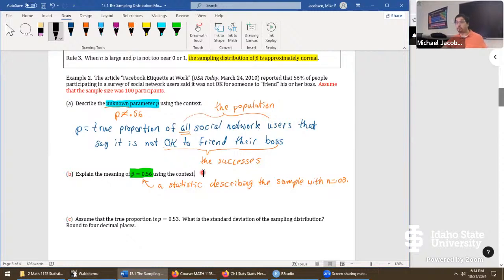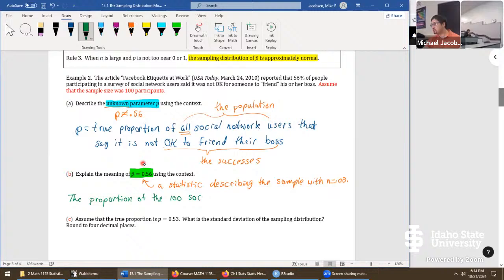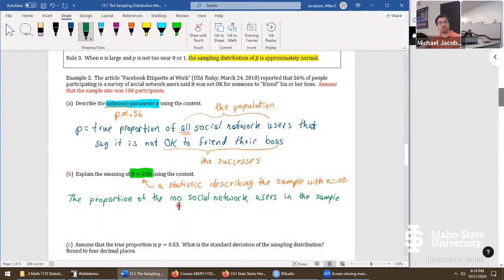But here are the elements that you want to watch out for. If we say P hat is 0.56, that means, because it's a statistic, the proportion of the 100 social network users in the sample. So we started off by just mentioning that we're talking about proportion relative to the sample itself. Because we're using the context, we said not a sample of 100, but the 100 social network users when we mentioned the sample.